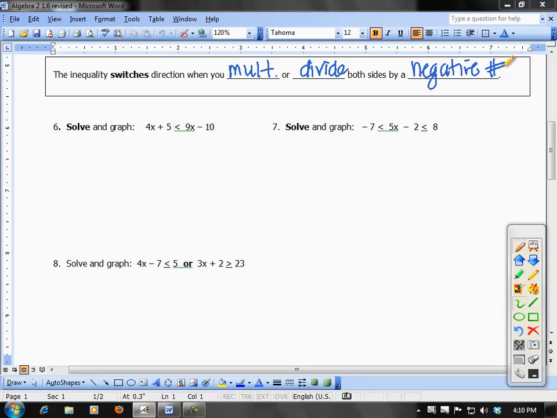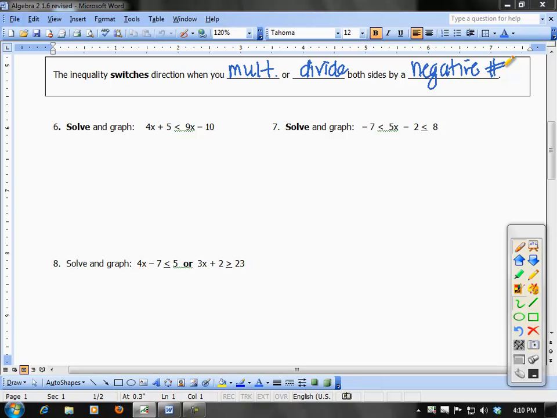Okay? Now I'm going to solve this like it were an equal sign. I'm just going to continue my inequality down. No matter what, I tend to always like my variable on the left, because if my variable's on the left, I understand the graphing of it more.